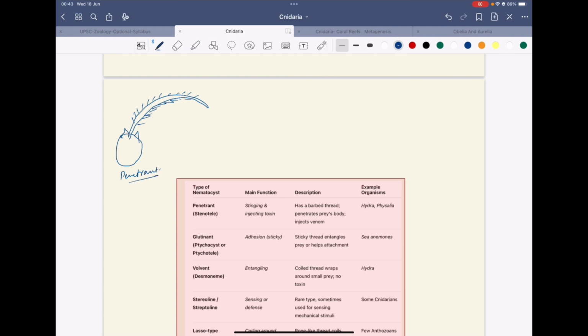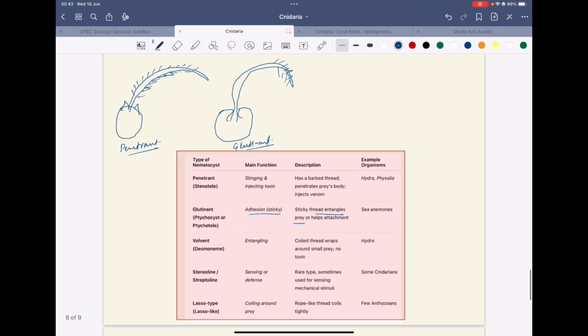Next is the glutinant. Glutinant is helpful for adhesion. Adhesion means it is for attachment. It has a sticky thread which entangles the prey, for example in sea anemone.